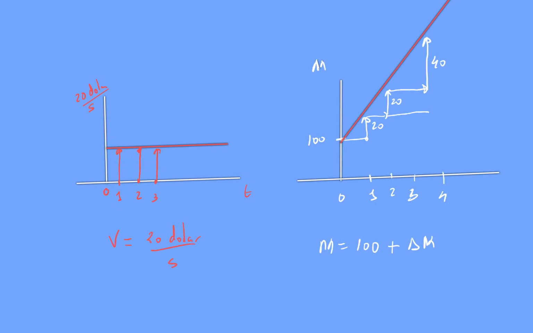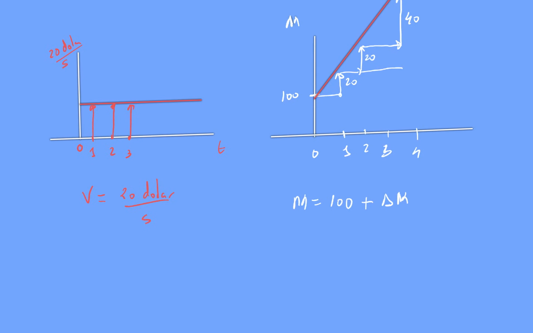And how is it increasing? The money that you have is increasing at a speed of $20 per second. So the change in your money is $20 per second.